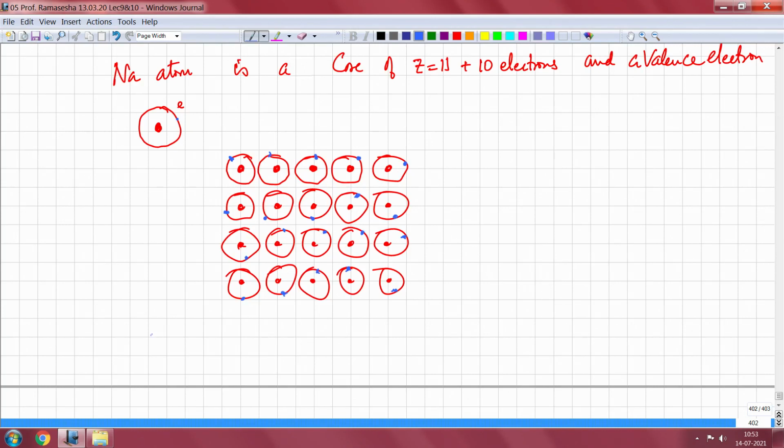So all sodium atoms are neutral, and we have covalent structure.